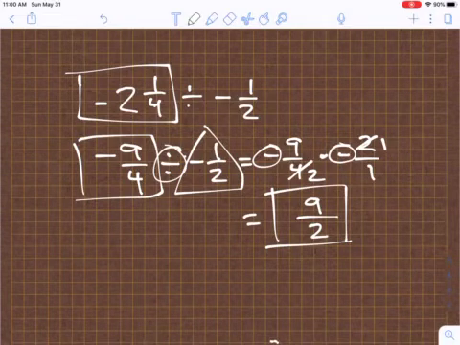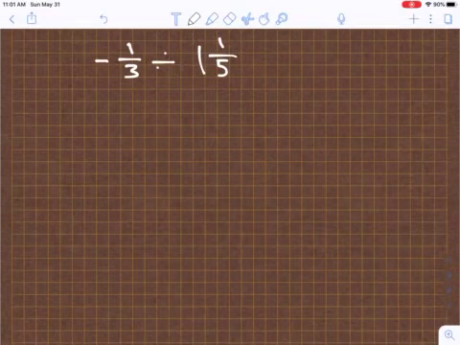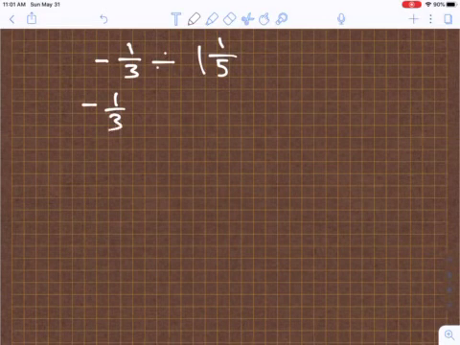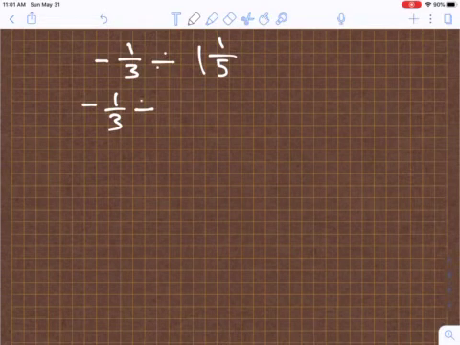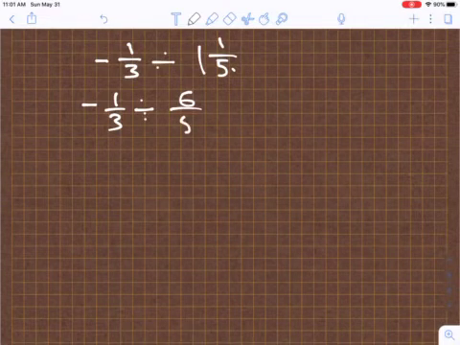All right, I think I have one more on here. Yes, I do. Great. Same deal as last time, except the mixed number is now the divisor. So we have negative 1/3 divided by 1 1/5. This is saying if you take 1 and divide it into 5 parts, 1 times 5 is 5, plus 1 is 6, so you have 6/5.